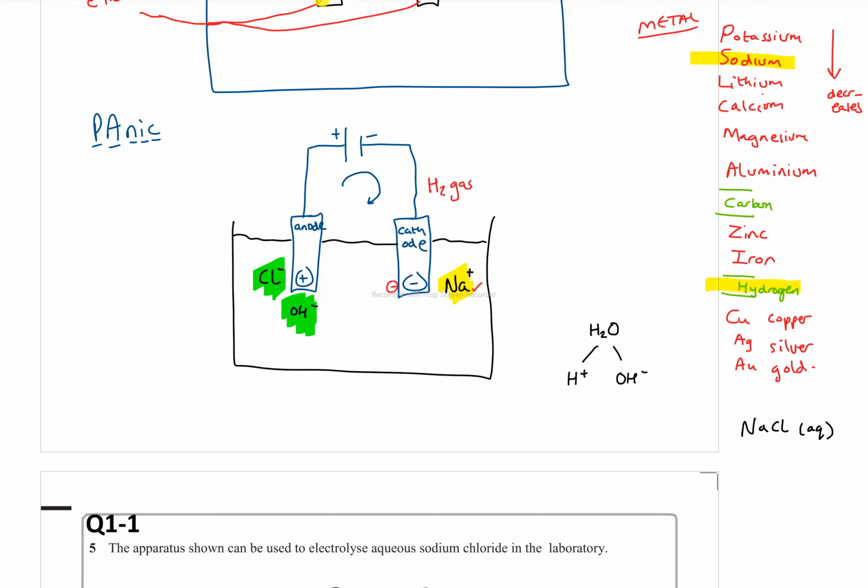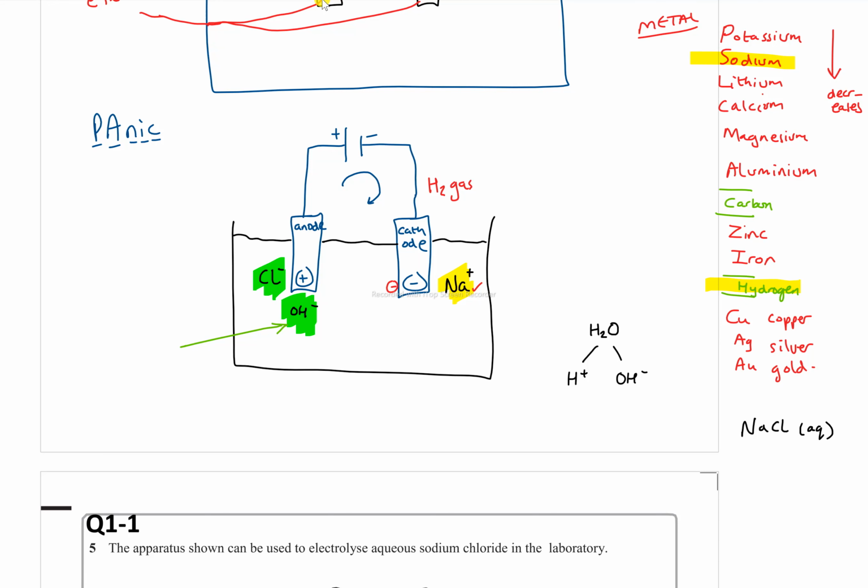Right. So what you've got is this situation here. The hydroxide ion is slightly easier to oxidize. It's easier to lose an electron from here. This negative tells you it's an extra electron, so it's easier to do that.